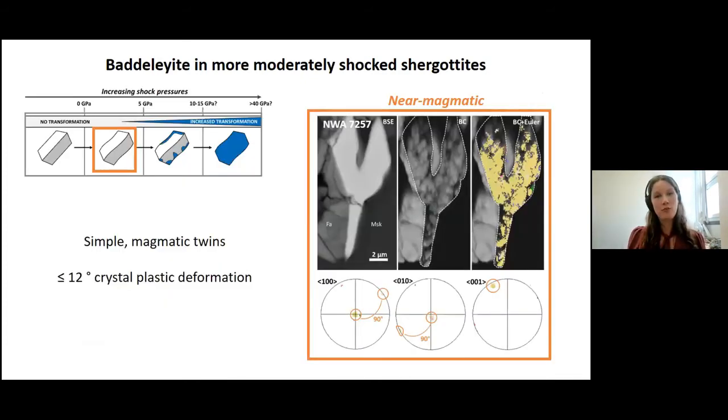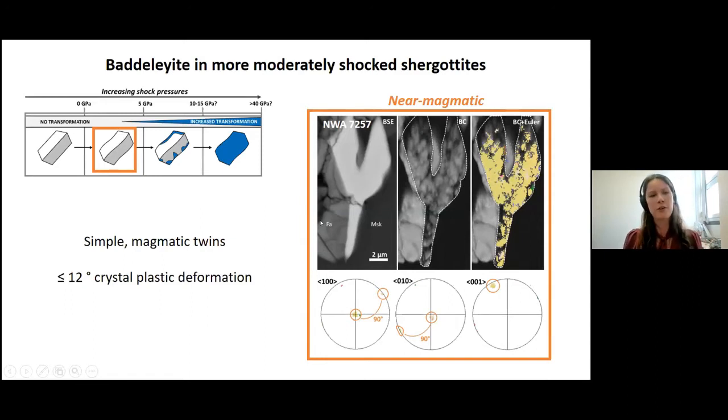So rarely we find these lovely, beautiful baddeleyites that have actually not undergone transformation to orthorhombic zirconia polymorphs. And we see this because they have simple orientation relationships indicative of magmatic twinning. This one has an 180-degree rotation in the 001.